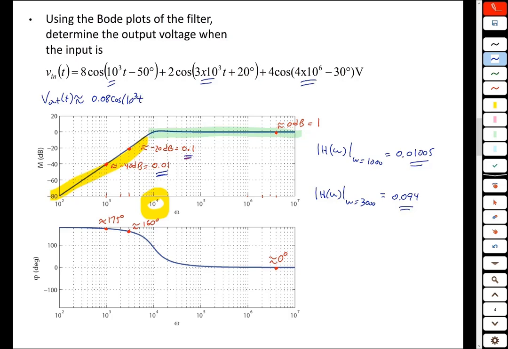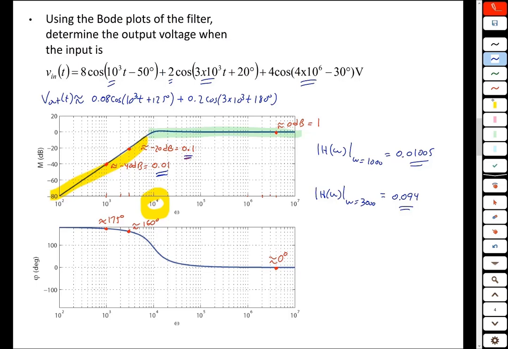Minus 50 degrees plus 175 degrees is going to be plus 125 degrees. The second term, the magnitude of the input was 2 at 3,000 radians per second. That gets multiplied by 0.1, so we get 0.2 cosine 3 times 10 to the 3t plus 20 degrees plus 160 degrees, so plus 180 degrees.